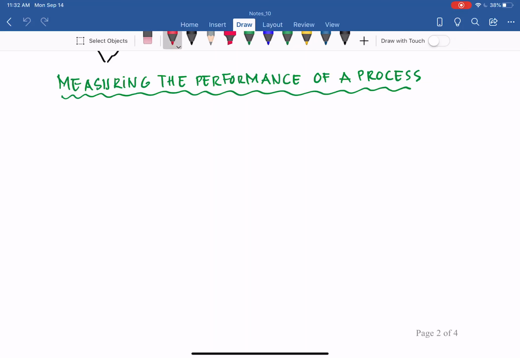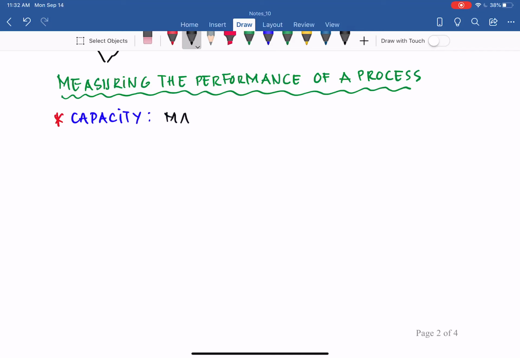The first one is the capacity. All of these concepts are available in the reading for today's lesson, and I suggest you read that material so that you can learn more about them. The first is the capacity.